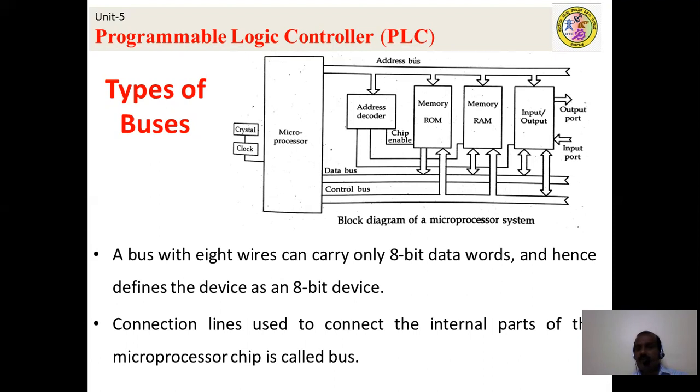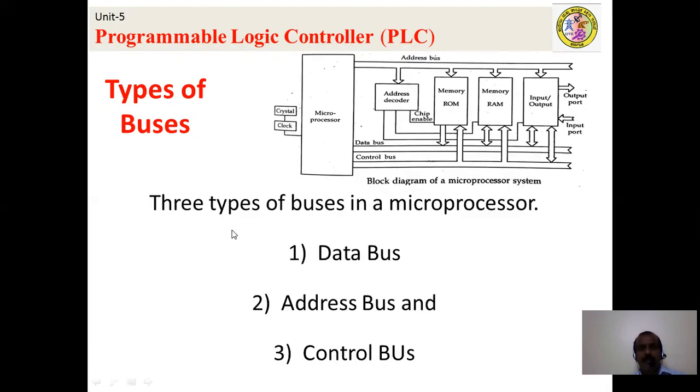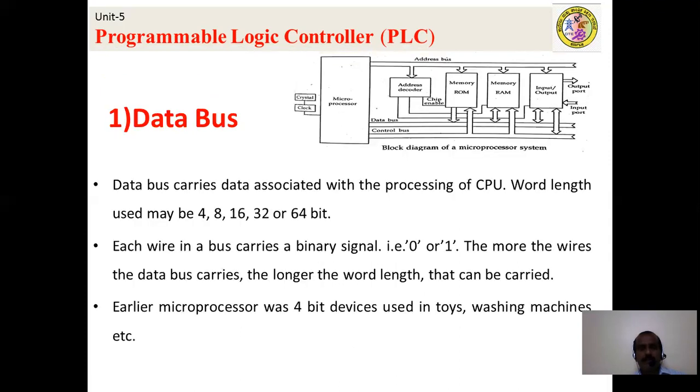Connection lines which are used to connect the internal parts of the microprocessor chip, we call a bus. There are three types of buses in a microprocessor: data bus, address bus, and the control bus. The data bus carries data associated with the processing of the CPU.